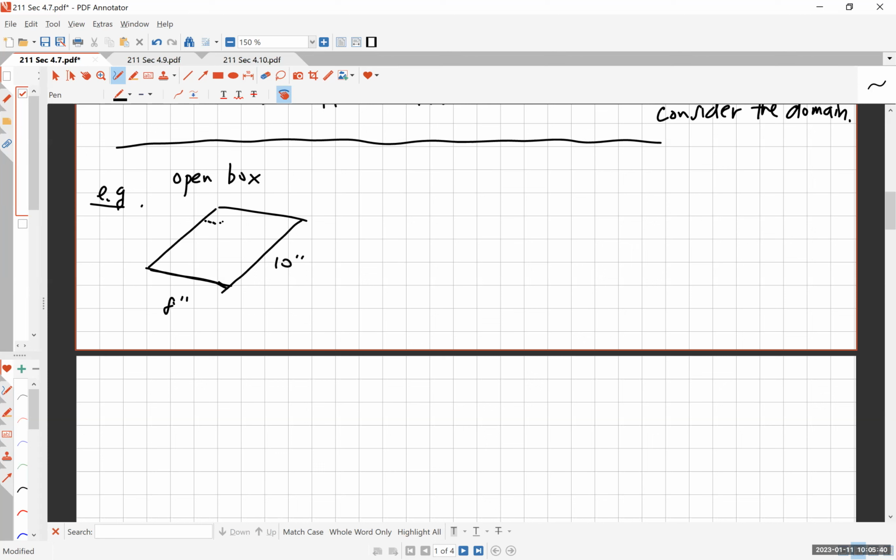And what you do is you cut the four corners. Sounds familiar? All right, so you cut four corners, and let's say these are X by X, X inches by X inches. You cut that, and then you bend this cardboard on these four sides, and when you do so, you're going to come up with an open box.